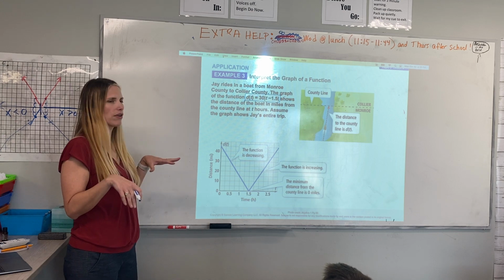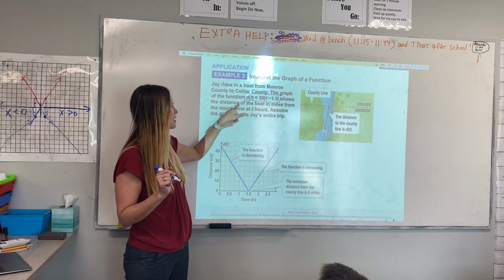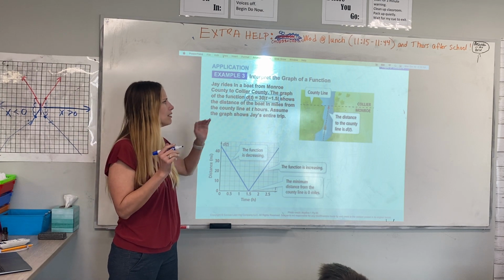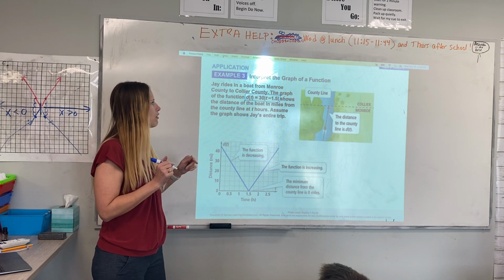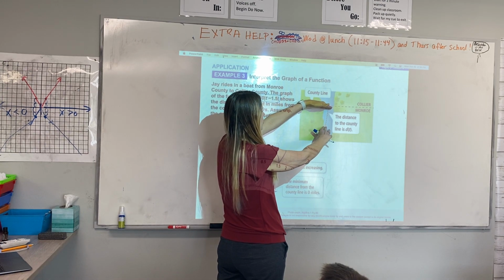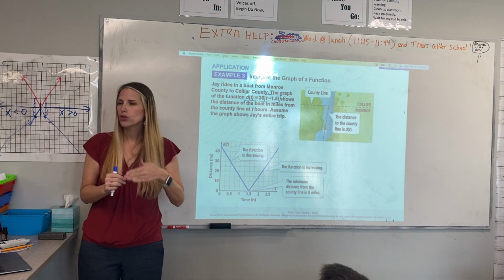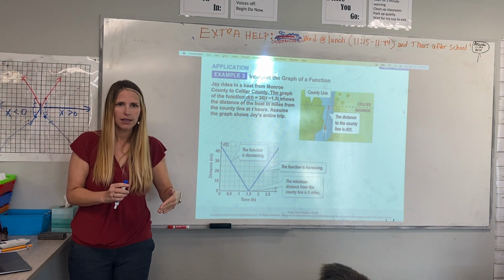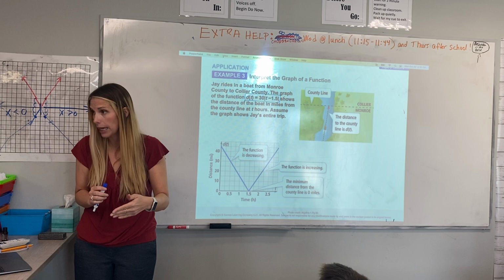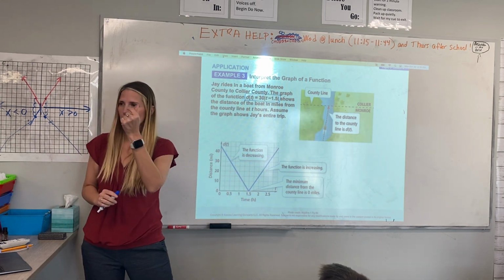And then it shows you this very fancy function that shows the distance of the boat in miles from the county line at t hours. Do you agree that as he gets closer to that county line, it's going to take time, right? He doesn't just go from here to here in a split second.